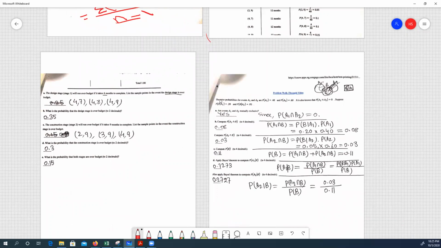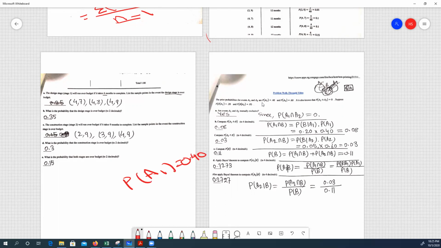Number 4, the prior probabilities for events. This problem is about prior and posterior probability. The prior probability is for 2 events, A1 and A2. Here we are given the probability of A1, which is 0.40.